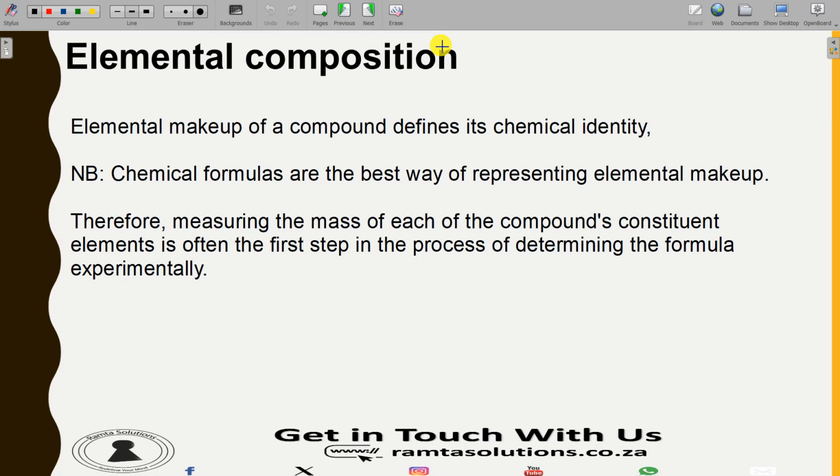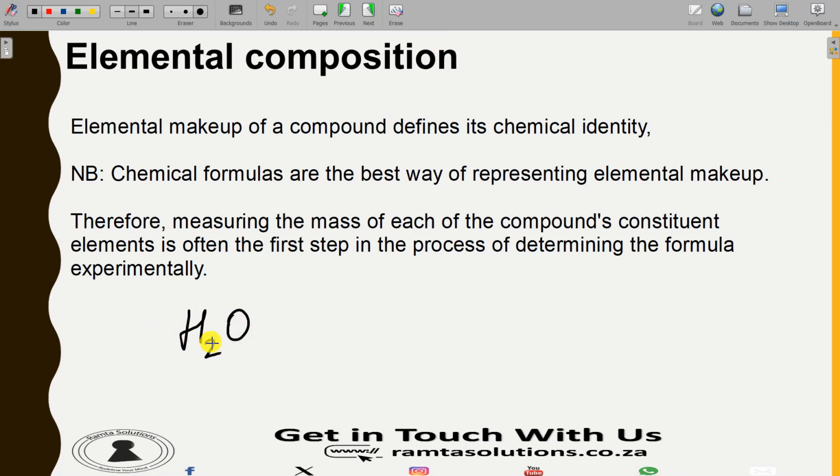If we know the elemental makeup of a compound, we will know the chemical identity of this compound. For example, we know that water is made of 2 hydrogen atoms and 1 oxygen atom. That is the composition of water.